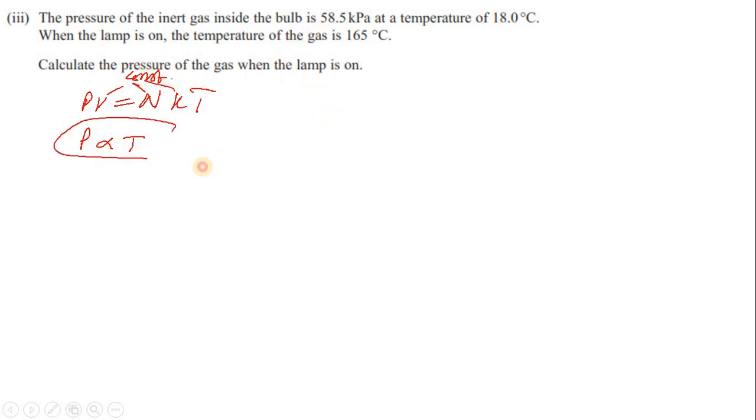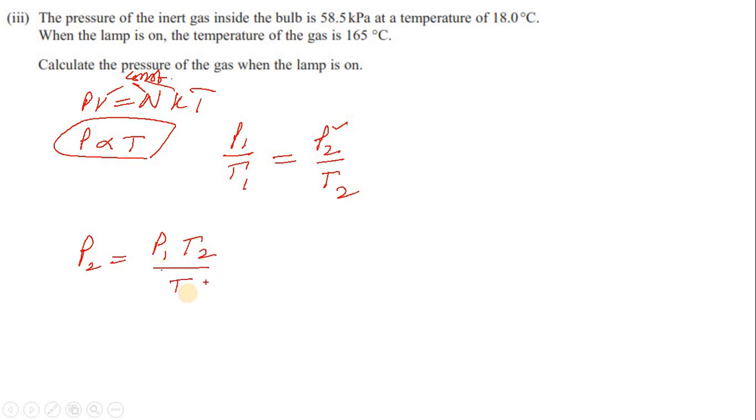So from this relation you can say that P1 upon T1 is equal to P2 upon T2. So you can figure out the pressure of the second condition. P2 would be equal to P1 T2 divided by T1.